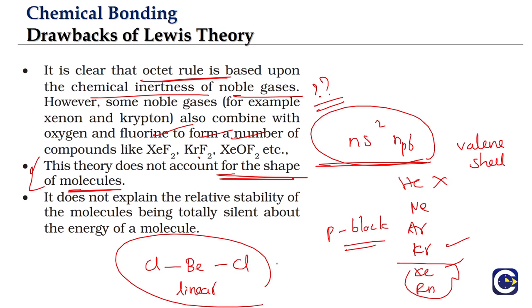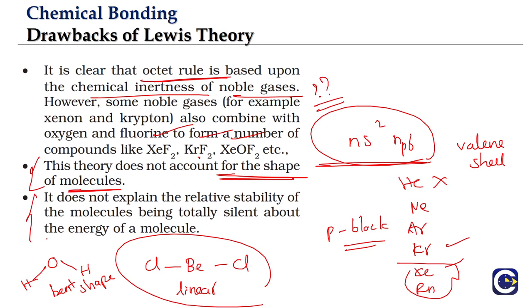All the 3 atoms will be along a straight line. Whereas with a similar formula, H2O, we have oxygen and 2 hydrogens, and this has a bent or non-linear shape. How these shapes come about, we'll learn later. But why different molecules with similar formulas have different shapes is not accounted for. In fact, the Lewis theory doesn't even touch upon the aspect of the shapes of molecules.